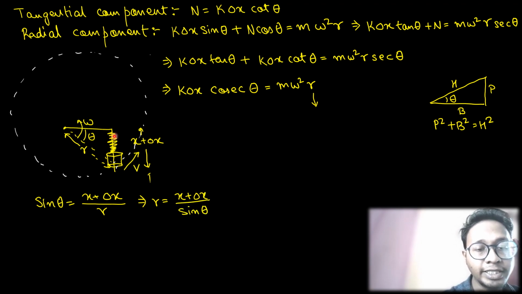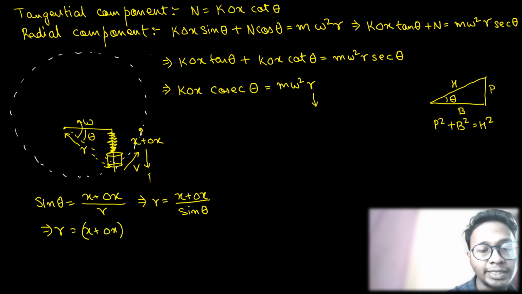Okay, out here the spring is elongated, that's why x plus delta x, that's why the spring force is in upward direction. So out here r is equals to x plus delta x into 1 by sine theta, which is nothing but cosec theta.